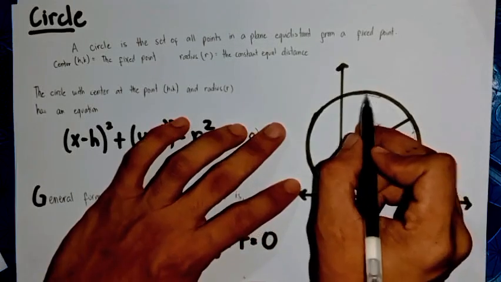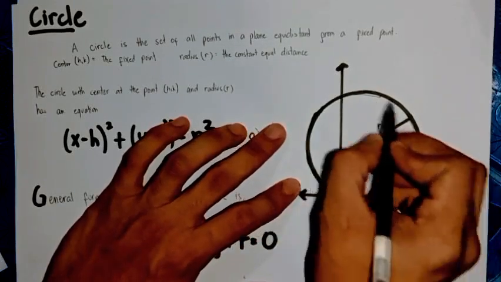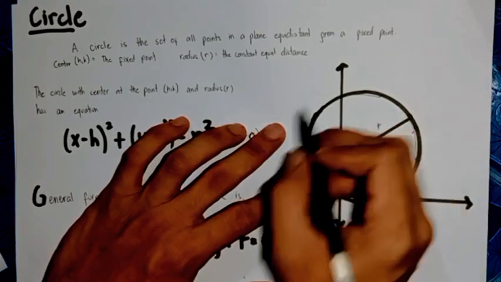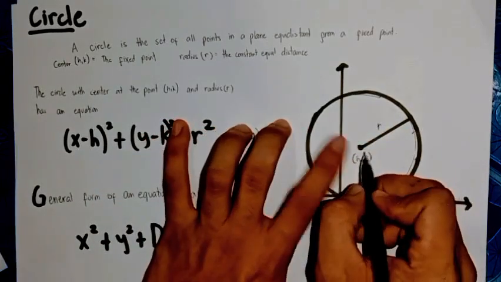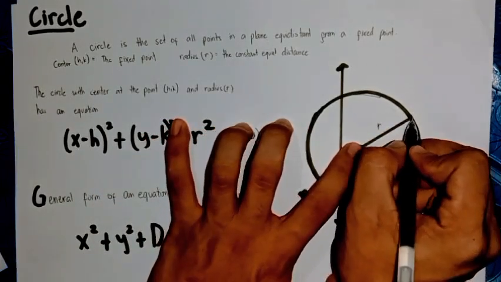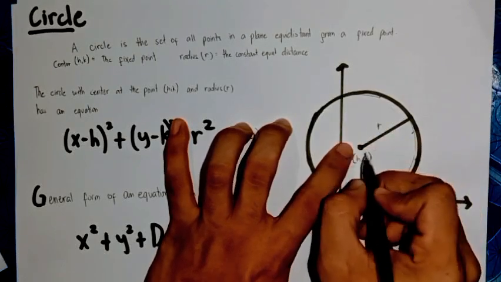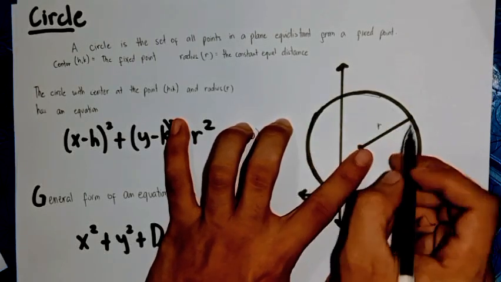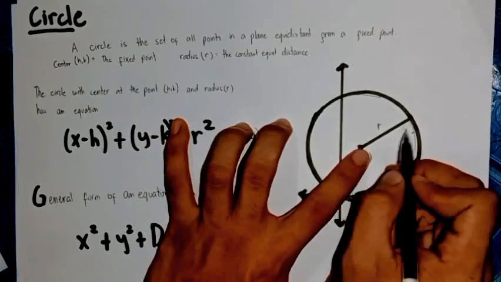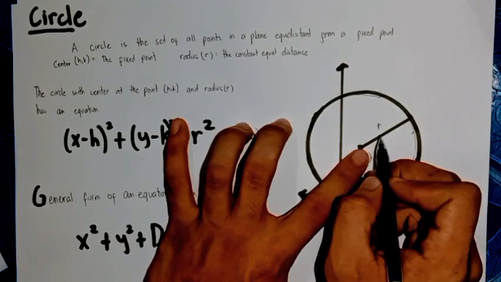Imagine that this is our center, and this is our point. The constant equal distance is what we call the radius.